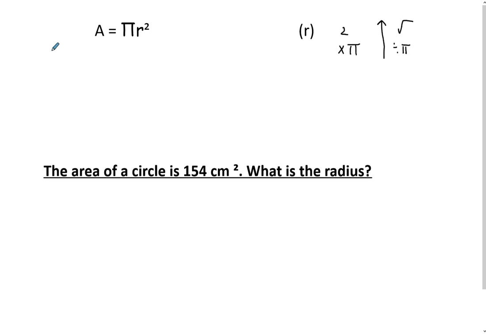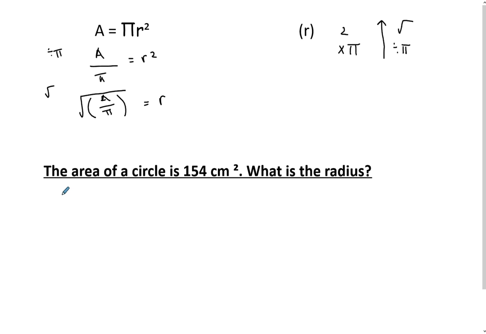So we're going to divide by pi first. So you've got area A over pi equals r squared. And now we're going to square root it, and we square root the whole thing, A over pi, equals r. And that was simple.